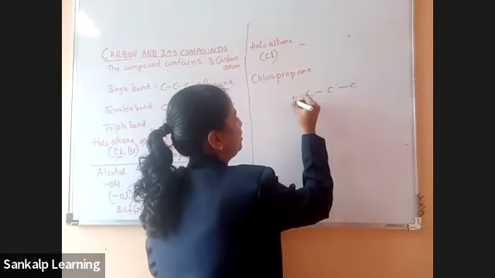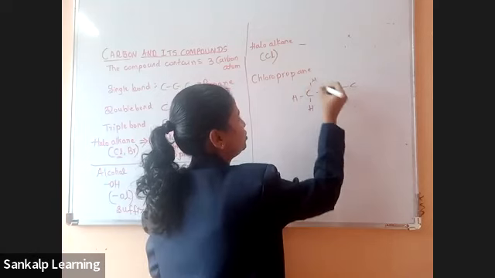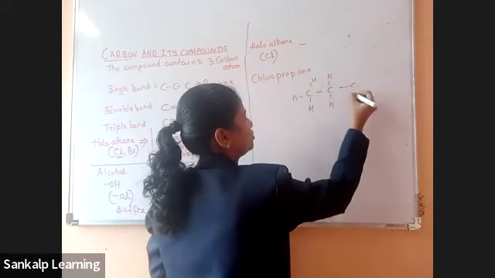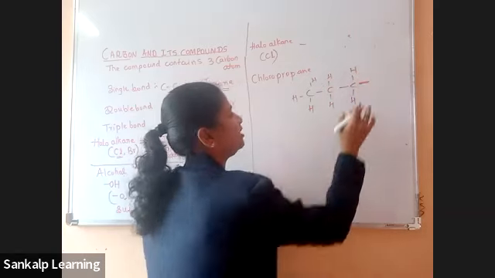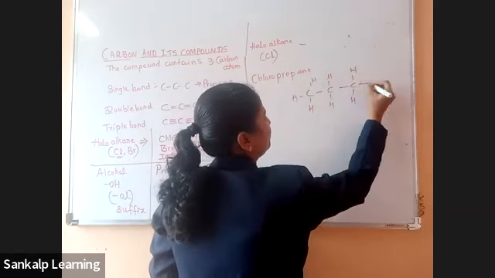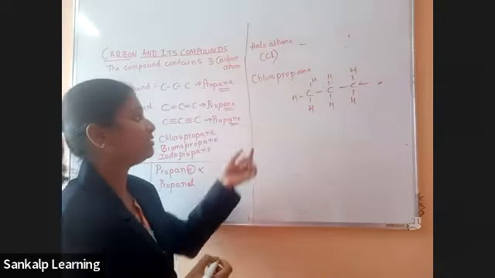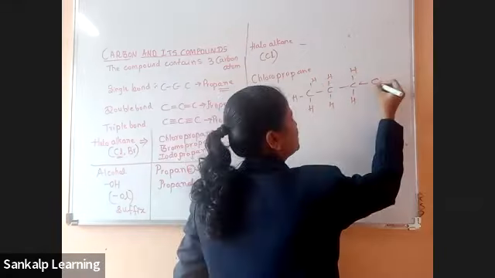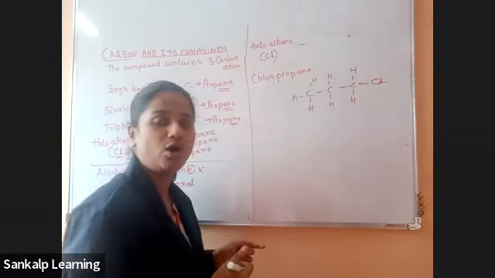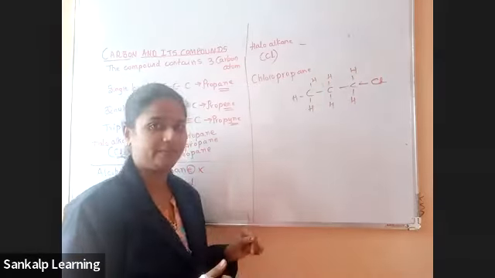H H H H H H H. This H will be there now. So this H will be displaced by this functional group, that is chlorine. We can write Cl. This is a structural formula of chloropropane.